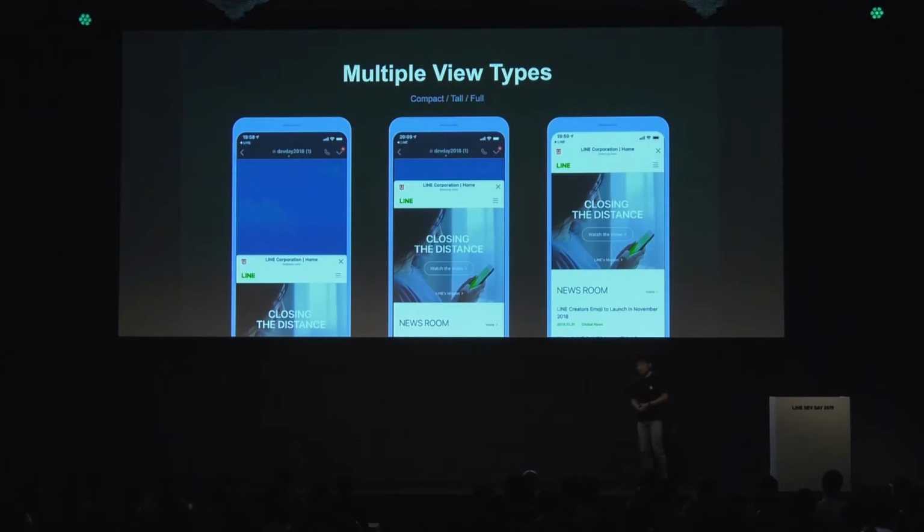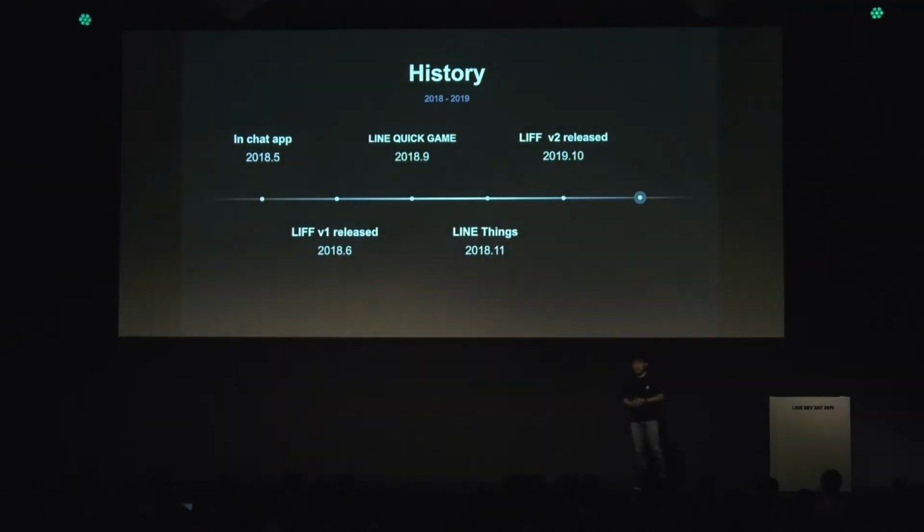Compact and tall utilize the characteristic of LINE being a messenger service, where within the chat there's a bot and in-chat application. When you do in-chat application development, this is suitable. Full is for standalone applications such as games. For such applications, this is suitable.